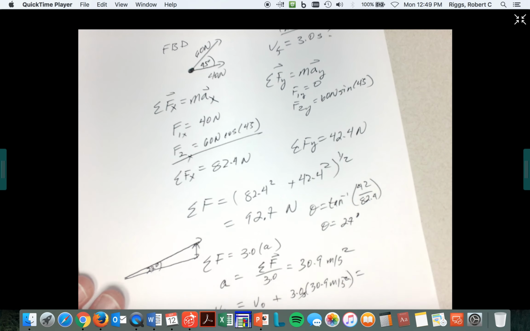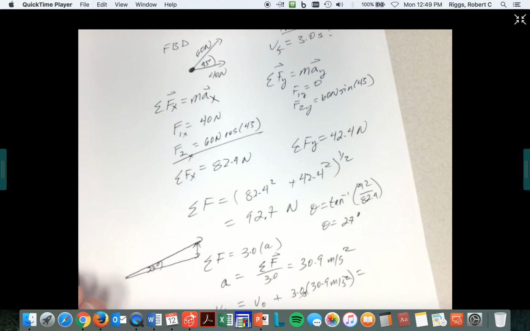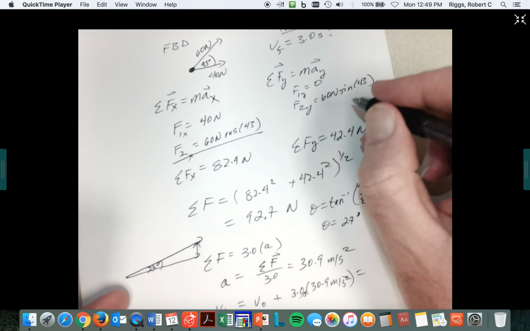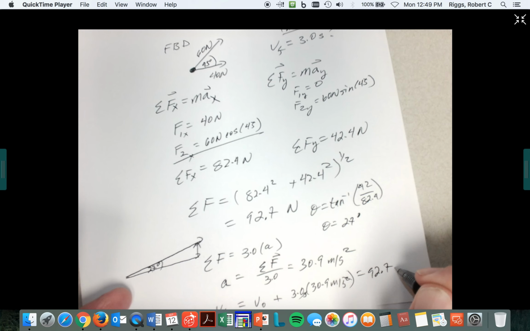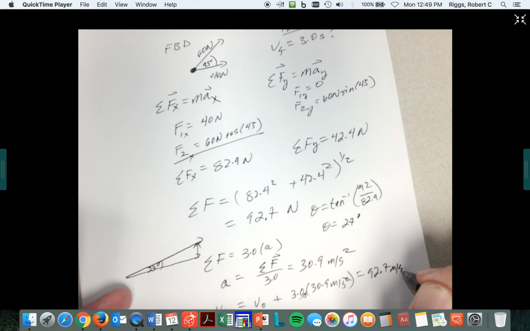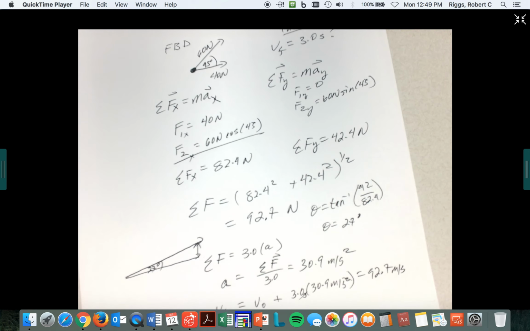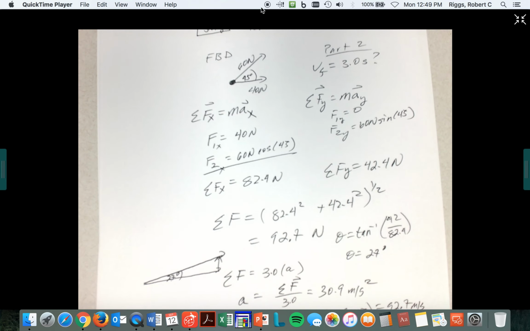That cancels that, and I wind up with 92.7. Oh, well, yeah, it's going to be the same as the newtons because I did 3 seconds. That was just a fluke because it's 3 kilograms and it's 3 seconds. So, all right. That was a little long, but it was important. And then now we're going to look at Newton's third law.